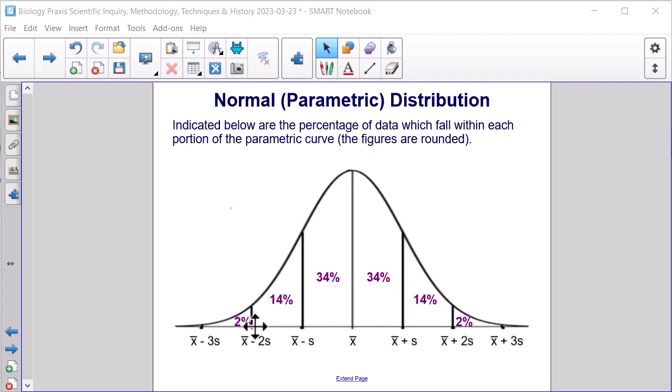So 96% of the data is within 2 standard deviations of the mean, plus an additional 2% here, is 100% of the data within 3 standard deviations of the mean, if we round the figures.